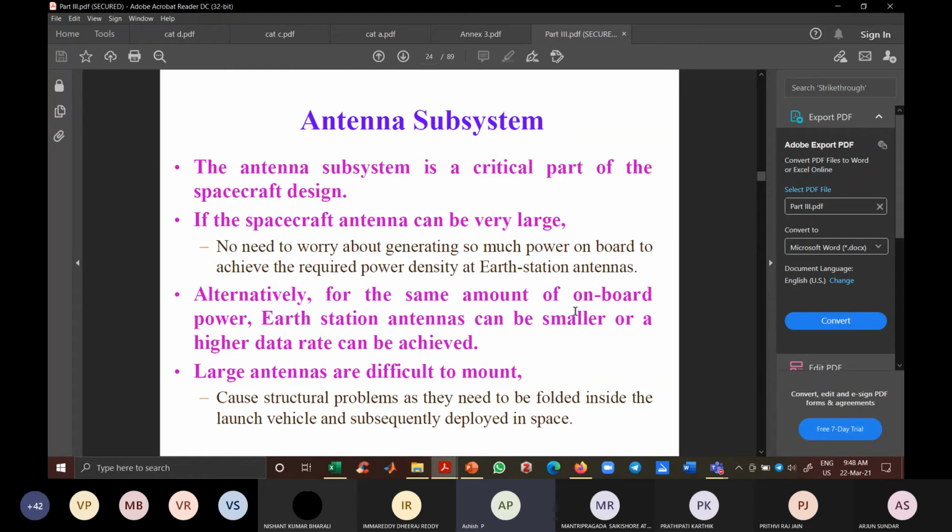There we can study transponders and what is there in the transmitters. A transponder is receiver plus transmitter plus amplifier, three things are there, so that we will see.